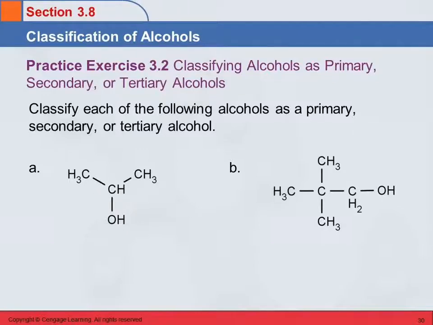Secondary. There are two carbon atoms attached to it, so it's secondary. How about this one? You find the hydroxyl group, and what is the hydroxyl group attached to? It's attached to this carbon. What else is attached to that carbon? How many carbons? Only one, right? So that one's primary.